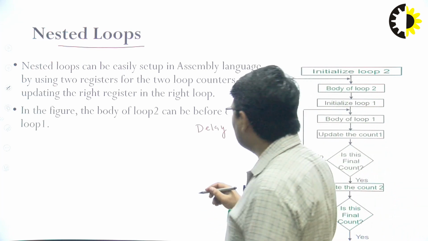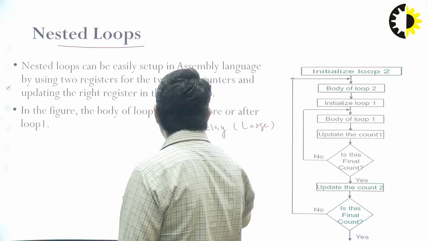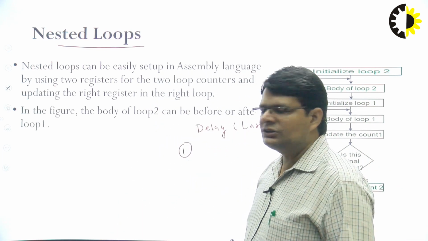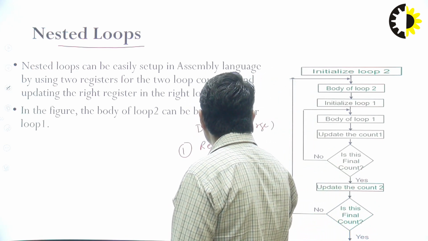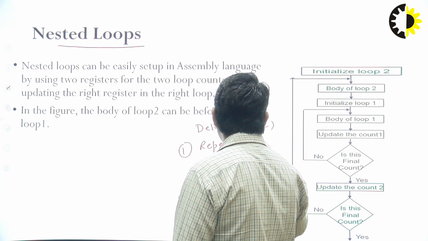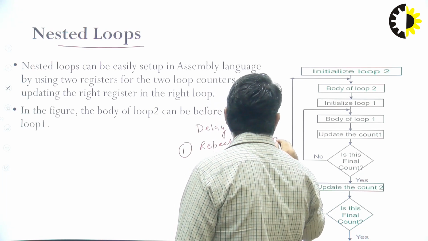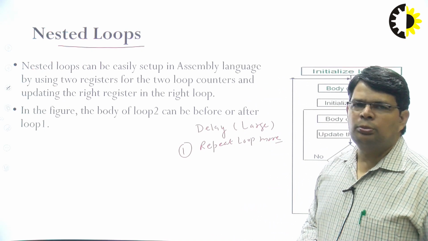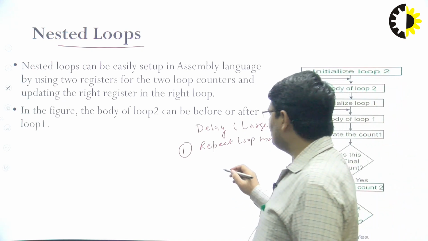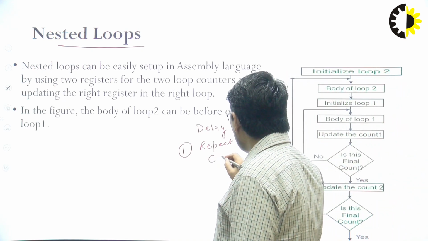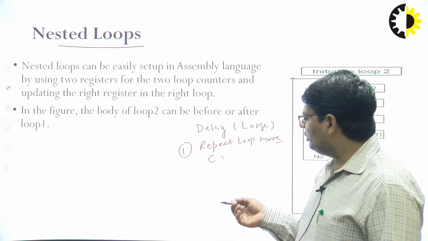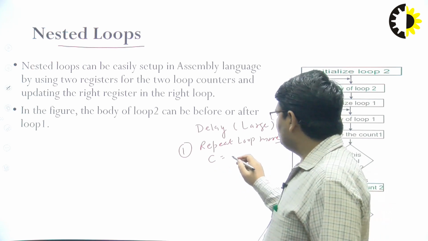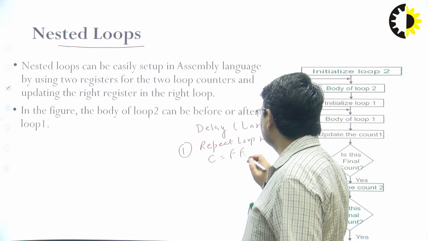So one of the techniques that can be used for increasing the delay is by repeating the loop more and more. In the 8085 there is a limitation that the register can accommodate only an 8-bit value, so it can be only FF.